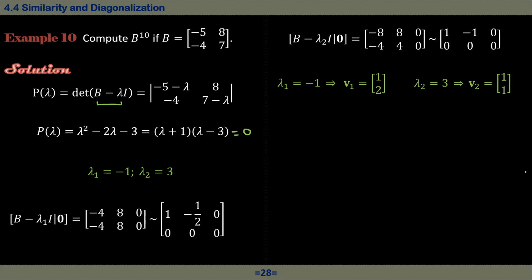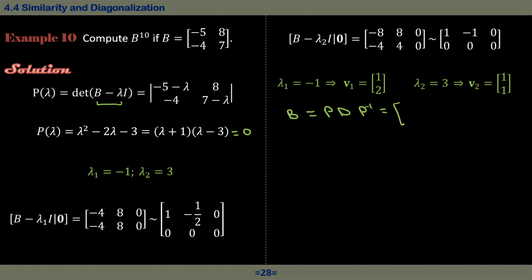Okay. So now we have to evaluate that thing, right? Again, we know the formula to evaluate this B, because we know that actually it is diagonalizable. So we can just write B equals P times D times P inverse.